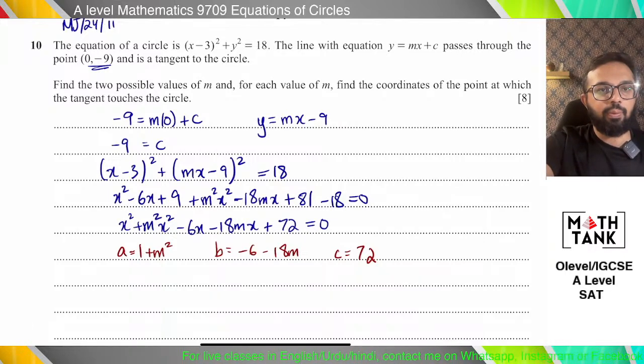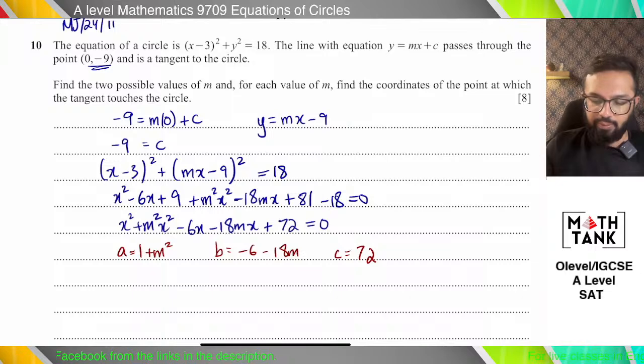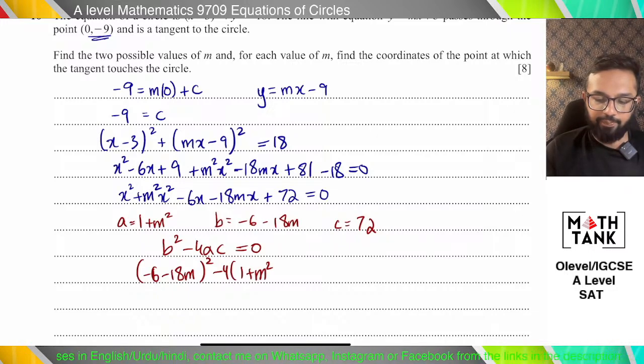So b² − 4ac equals 0. That is (−6 − 18m)² − 4(1 + m²)(72).